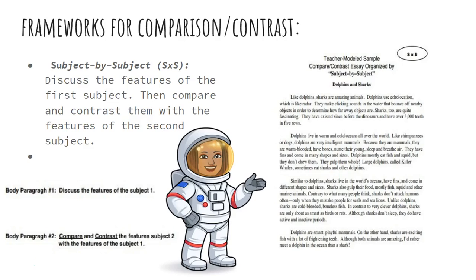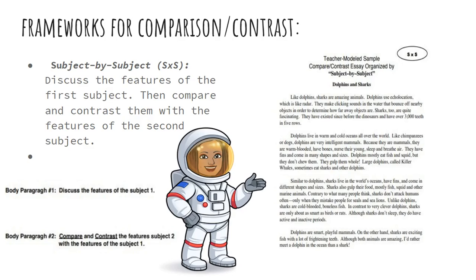For example, if body paragraph 1 was discussing the features of a hamburger from McDonald's, what body paragraph 2 would do is compare and contrast Burger King's features with what you said in body paragraph 1.